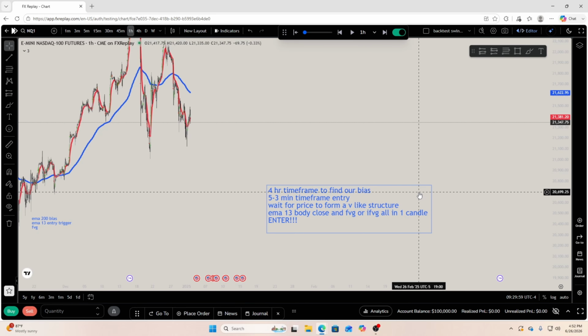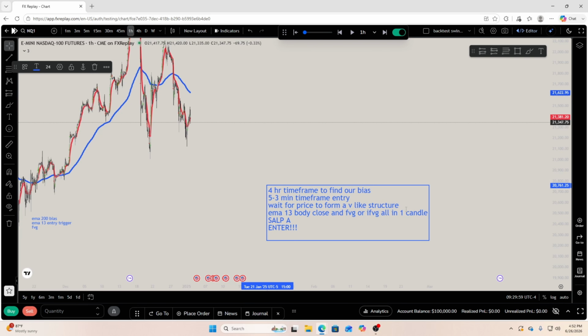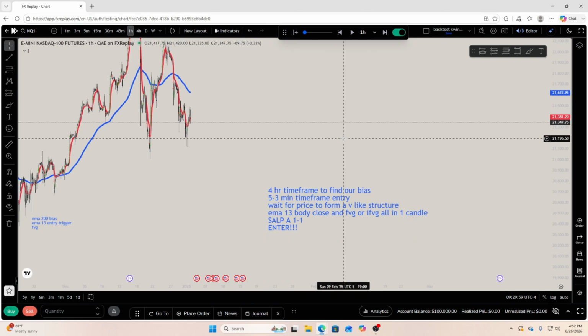You wait for a V-like structure to form, EMA 13 body closure and FVG or IFVG all in one candle, and then you enter. Then you slap a 1-to-1. I forgot to say that. Slap a 1-to-1, easy structure. You're gonna hit. But yeah, move on with your day.